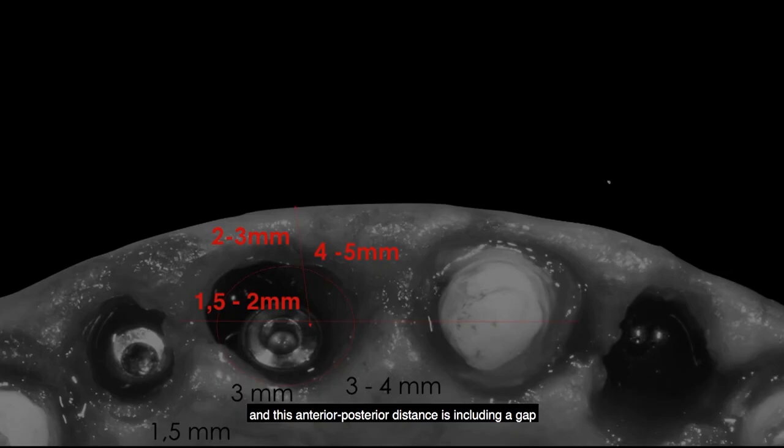And this anterior posterior distance is including a gap which has to be grafted and a certain thickness of the soft tissue. So studies are showing that if we respect this 4 to 5 millimeters in the positioning of the implant and we take care of the bone grafting or of the bone thickness around the implant and the soft tissue thickness, we can have a very good result also in the long run.